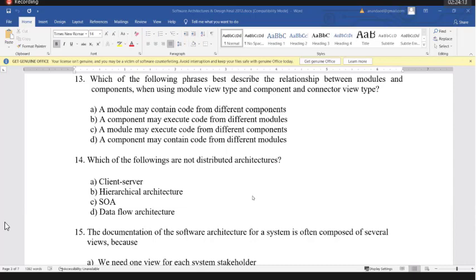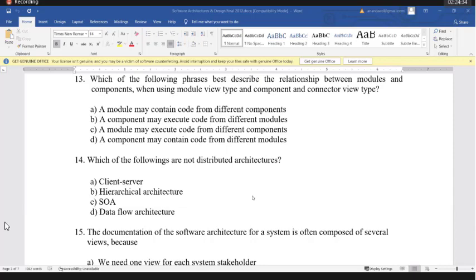In client-server, there are mainly two agents, the client and the server side. In service-oriented, there is one difference: there are three agents. The service provider, the client or service requester, and the registry component.